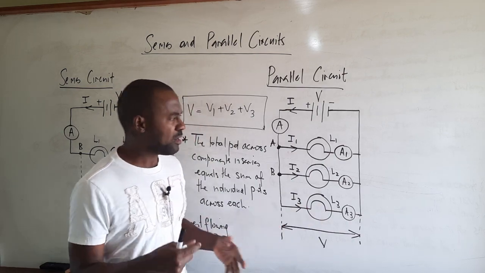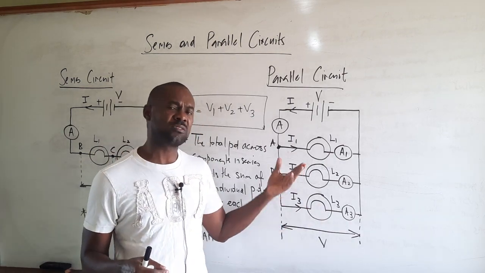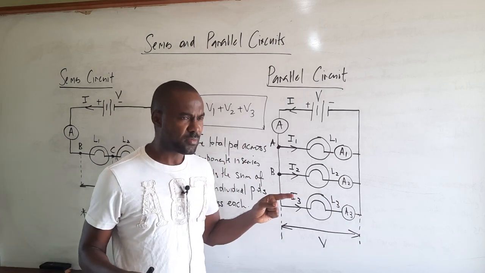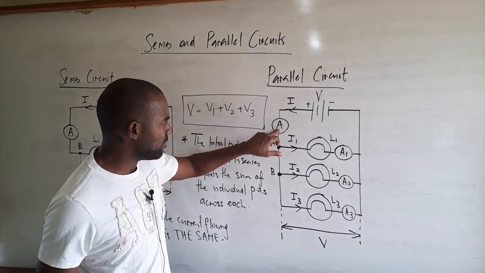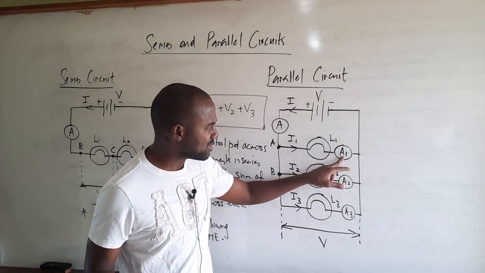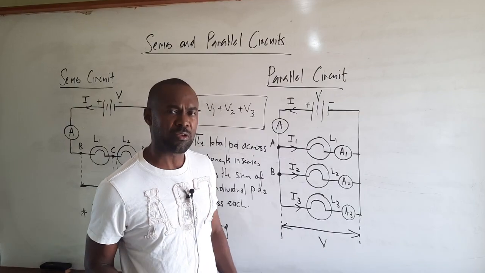So if we were to modify the circuit like this and observe the readings on these ammeters, then what we should be able to observe is this. The reading on this ammeter labeled A should be equal to the sum of the readings on ammeters A1, A2, and A3. Right?